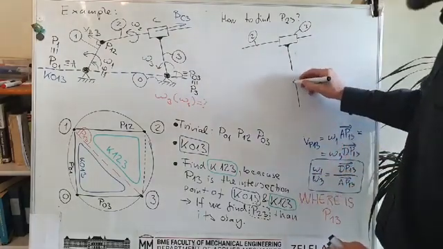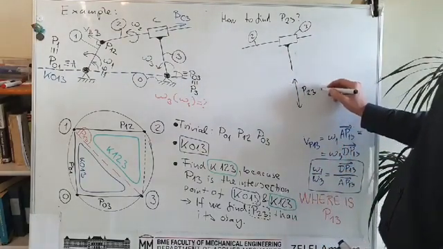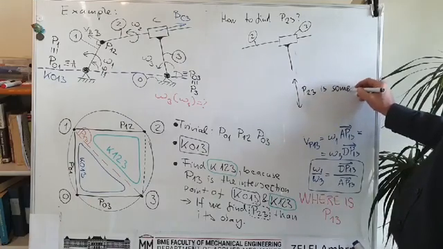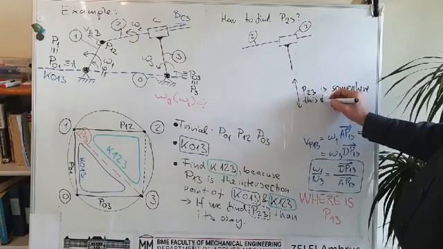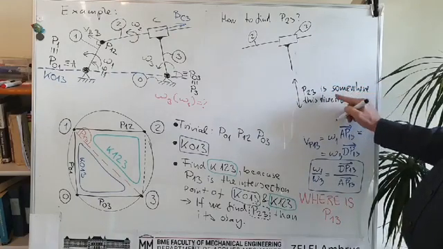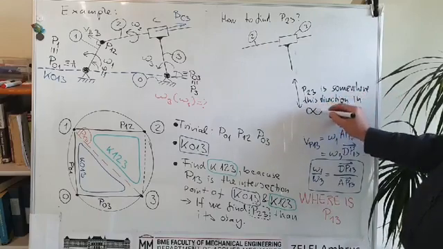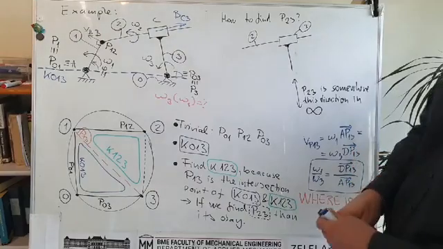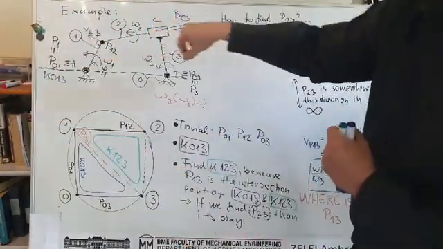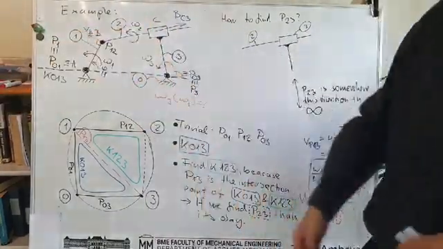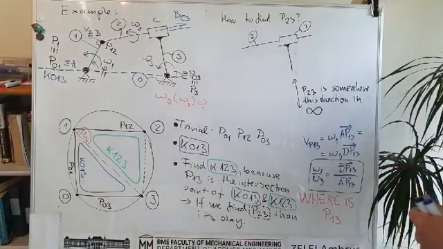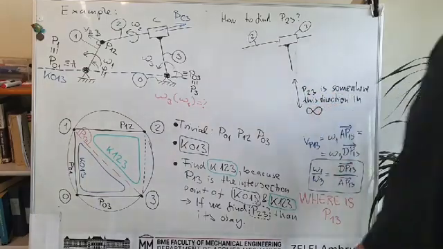So P2,3 is somewhere in this direction in the infinity, because if you have an infinitely large radius circle, then the points will just travel on a straight line. So P2,3 is somewhere in the infinity.